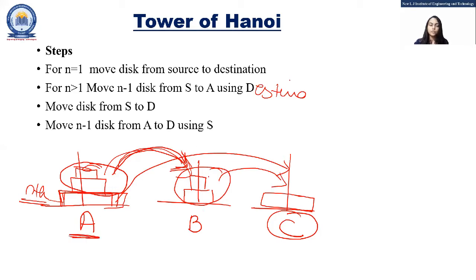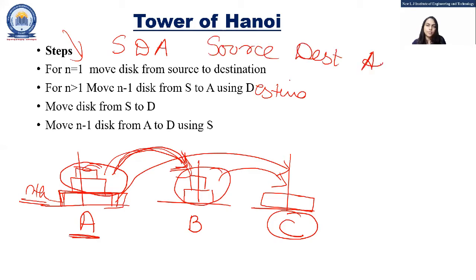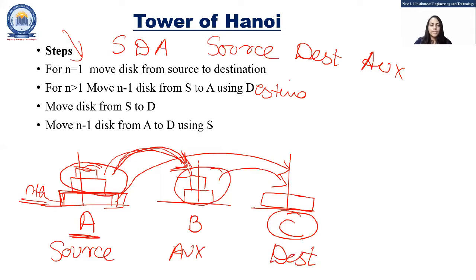A here is source. Students, S, D and A in these steps mean source, destination and auxiliary. Okay, and here A is what? Source, B is auxiliary and C is destination. So ultimately, the logic of Tower of Hanoi is that if there is just one disk, we can simply transfer from source to destination.